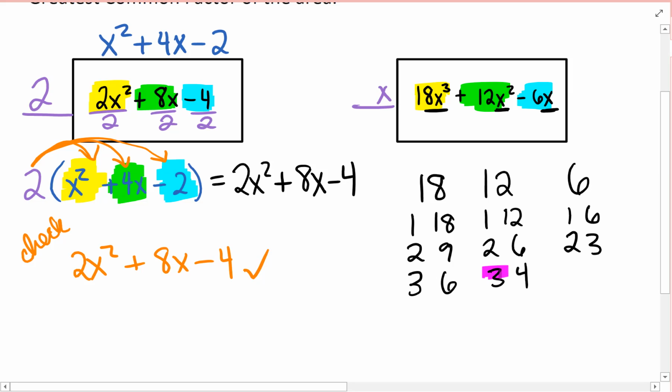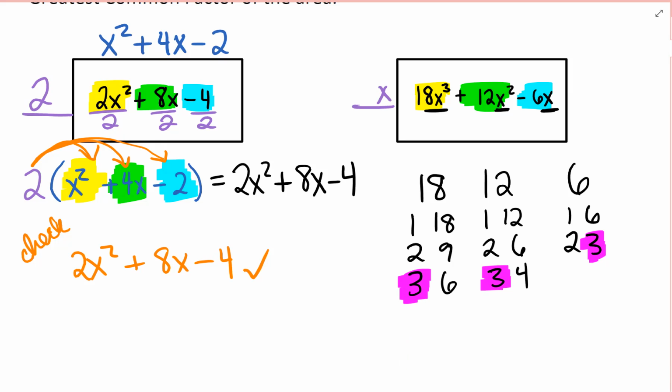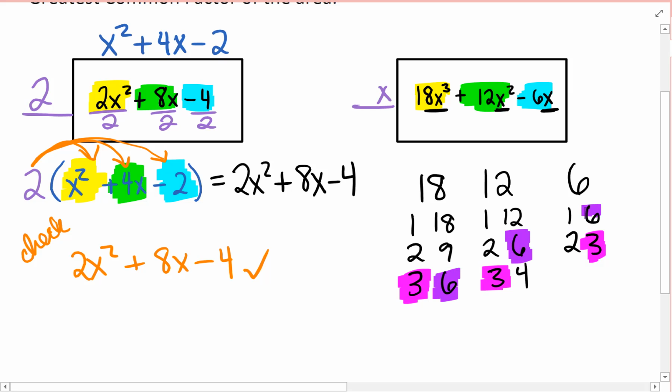I see 3 goes into all 3 of these. Is there a larger number that goes into all 3 of these? Yes, 6. 6 goes into all 3 of these. Okay, so 6 must be the number part of the term that makes up our width. 6x.